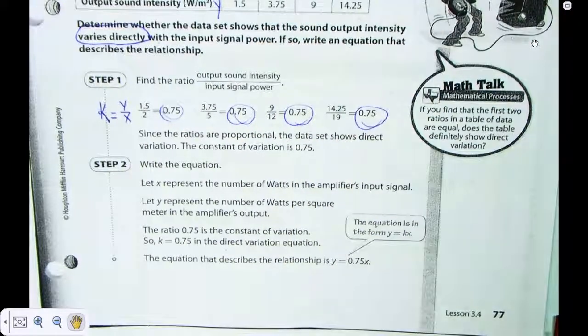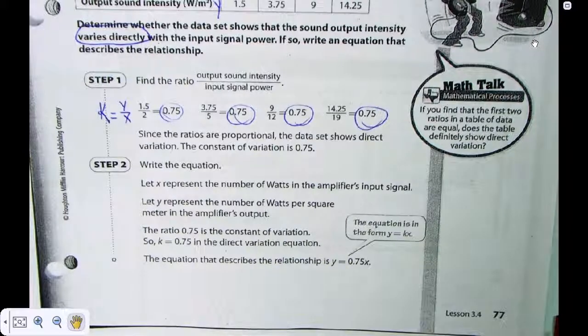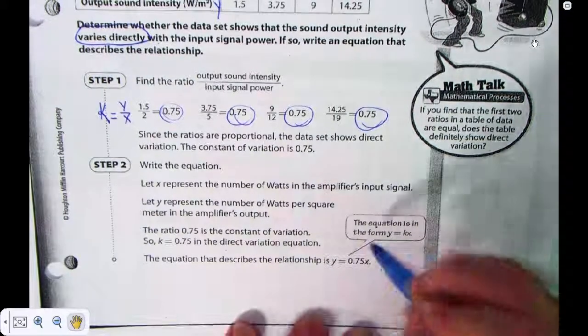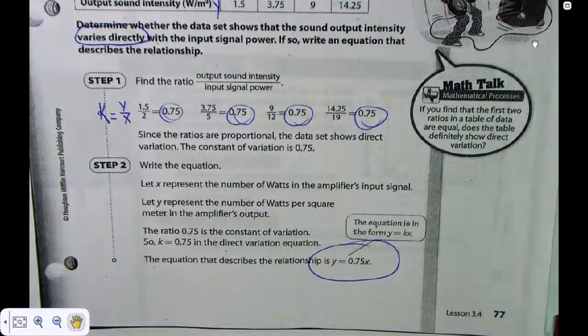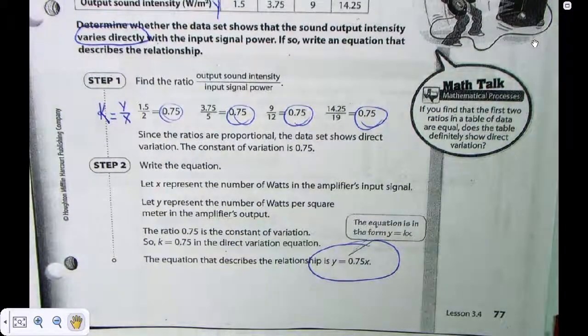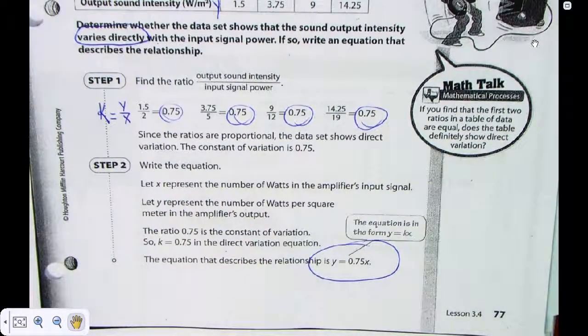It's 3/4. Very good. So look at our equation: y equals 0.75x. That is the direct variation equation. That's it. Anything new? Nope. Nothing new. Just different words to call it.